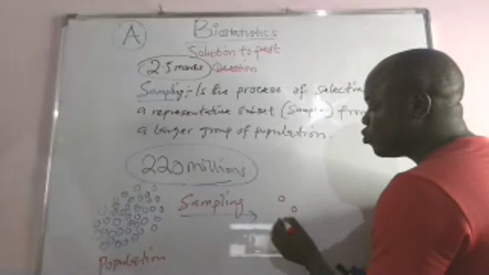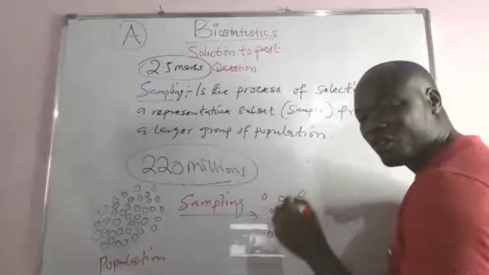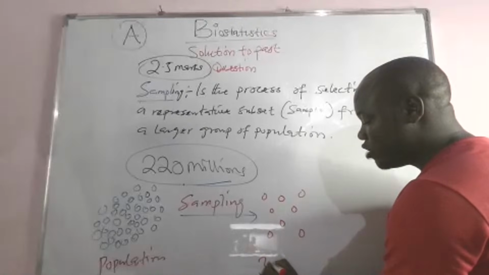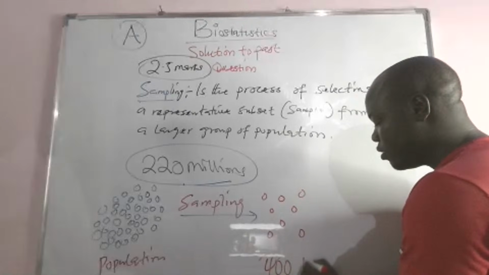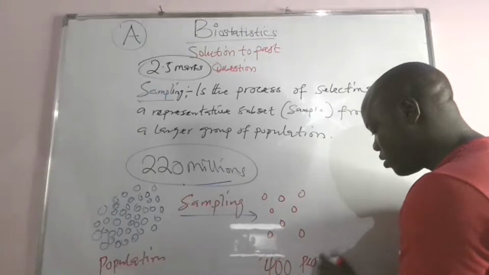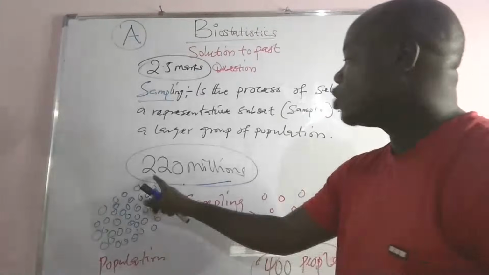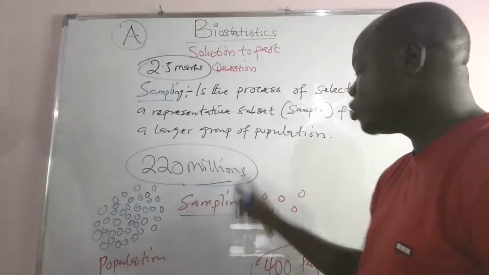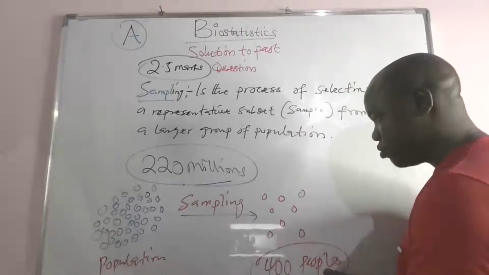Maybe instead of working with 220 million individuals, you'll end up working with, let's say, 400 people.